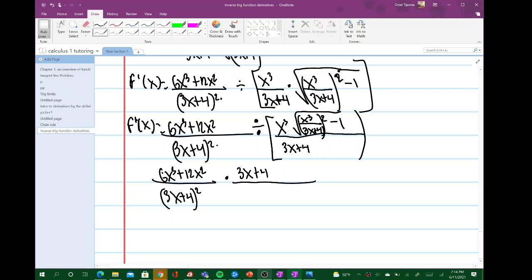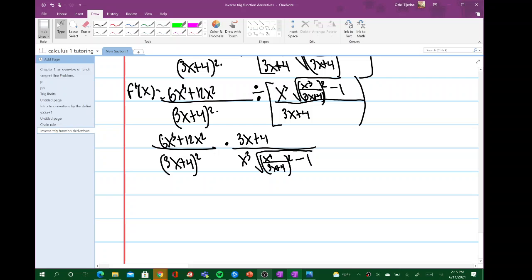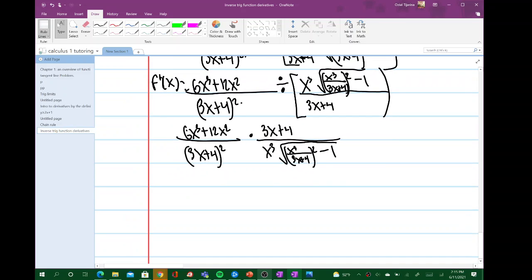Let's see, hold on. Divided by x cubed times the square root. I'm going to write a huge square root, like a big one, or actually I can write it this way, hold on, times the square root of x cubed over 3x plus 4 quantity squared minus 1. And as you can see, you can do a few things.